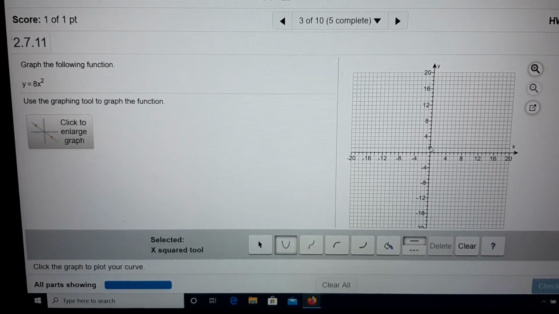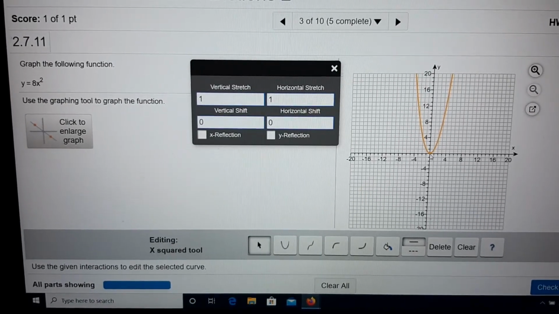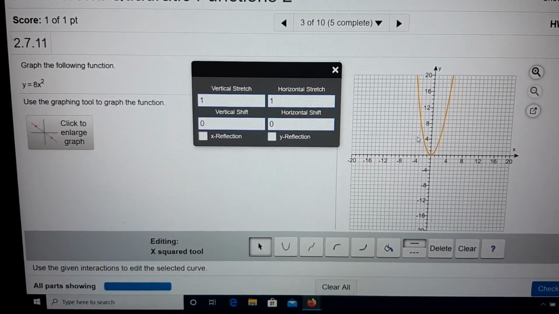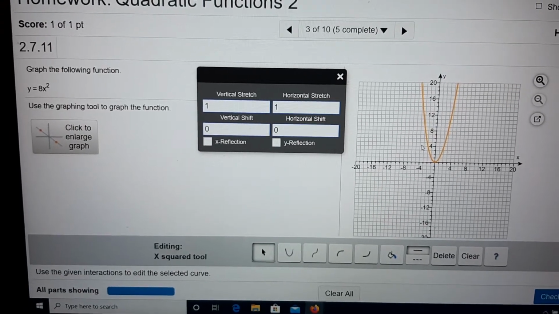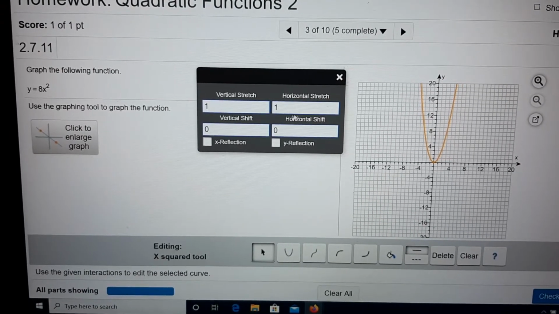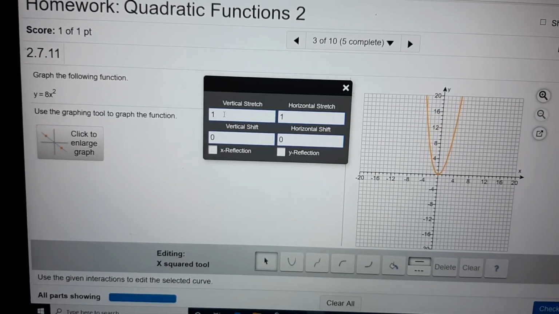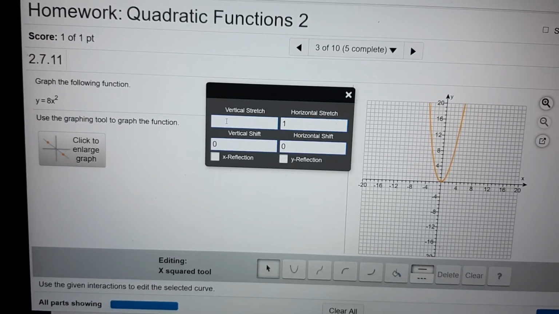Go back up here, click on 0, 0. It brings this up in the vertical stretch. So there's my graph of y equals x squared, my parent equation. I know y equals 8x squared will be a vertical stretch of that, a value 8. So all I have to do is type that in.